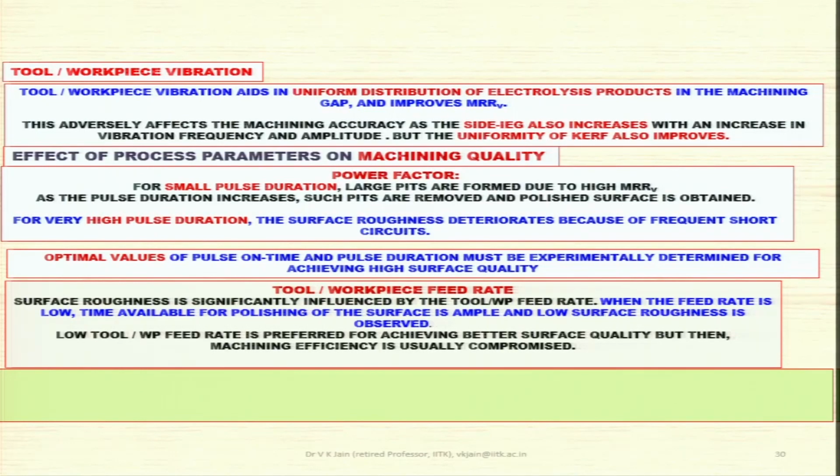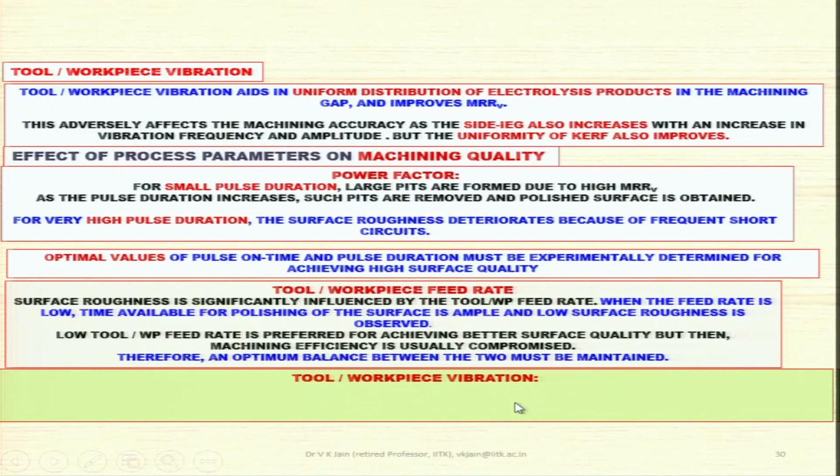So, you have to compromise between the material removal rate and the machining efficiency. Machining efficiency and machining accuracy, you have to see which is more important for you. Therefore, an optimum balance between the two must be maintained, that is, machining accuracy and machining efficiency or volumetric material removal rate.